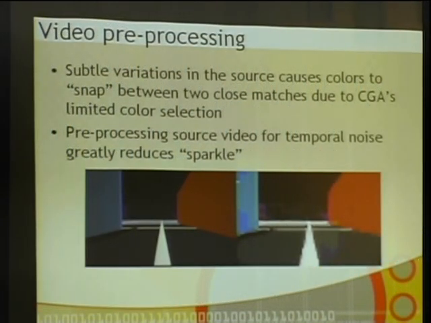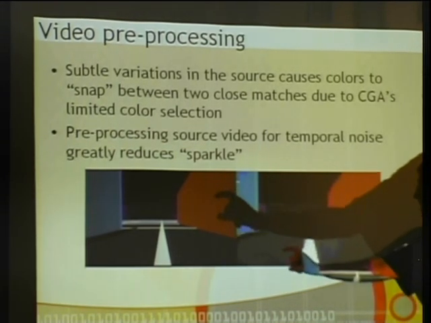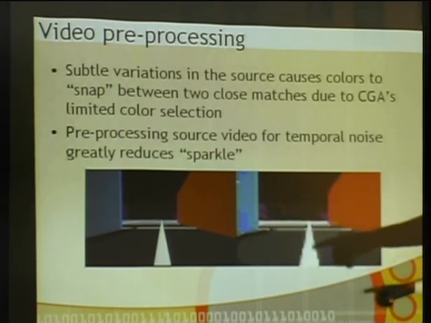Video preprocessing could have helped as well. One thing that shatters the illusion a little bit is that this doesn't change very much at all, but it does change slightly. The problem is that it leads to these massive changes in the converted output. So preprocessing the source for video noise, temporal video noise, would help eliminate that sparkle.